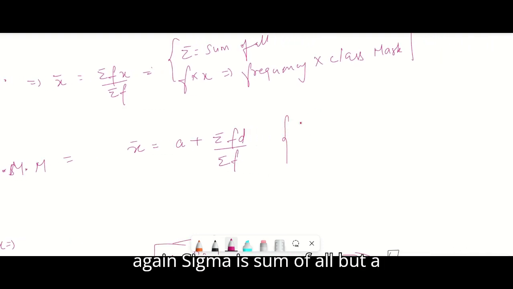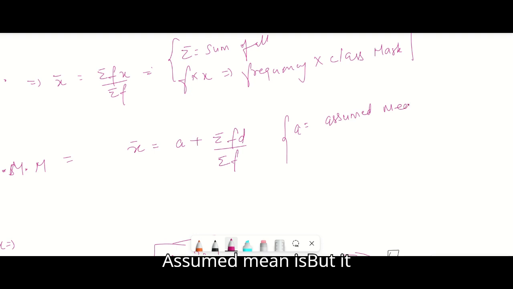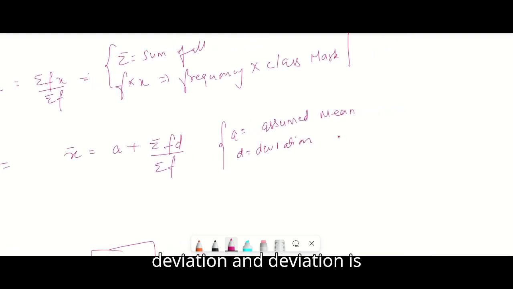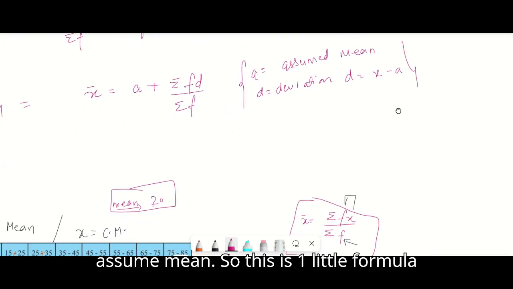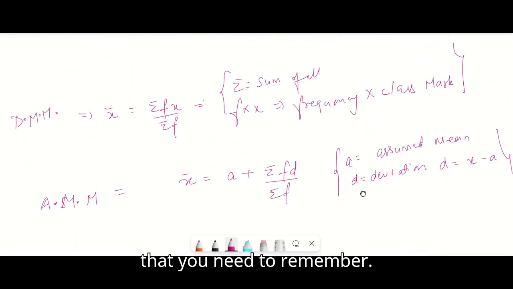Again sigma is sum of all, but this new thing is called assumed mean. We will talk about it later in the video. There is also deviation, and deviation is equal to class mark subtracted by assumed mean. This is one little formula that you need to remember.